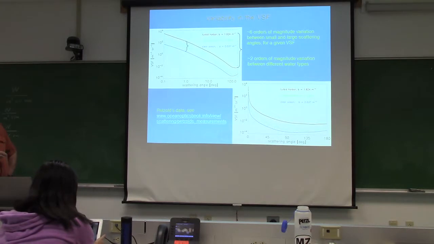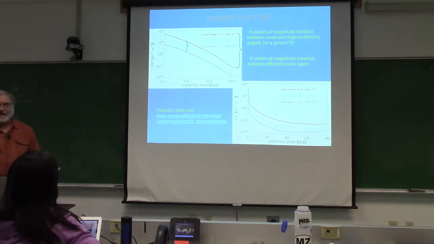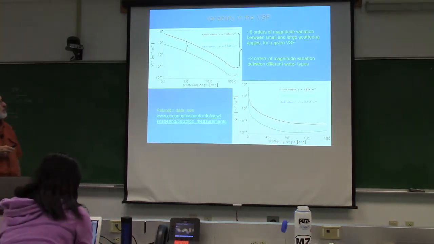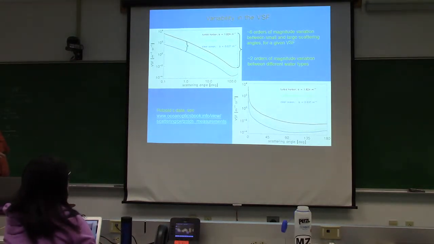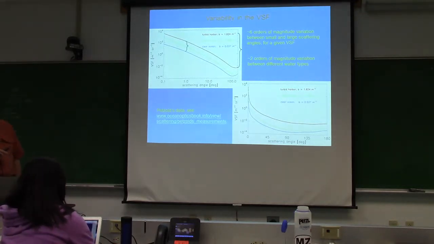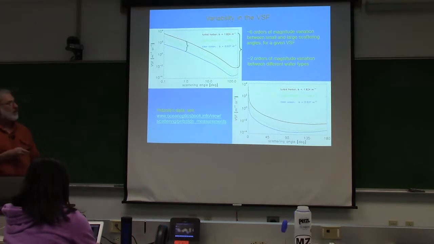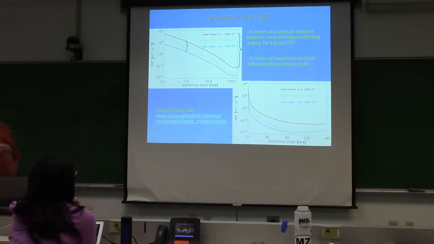Okay, so let's take a look at variability in volume scattering functions. Here's some of this data from Petzold going way back to the 60s. The red line is labeled Turbid Harbor. That was actually measurements in San Diego Harbor, so who knows what kind of scuzz is in the water and mixed up sediments and whatever else.